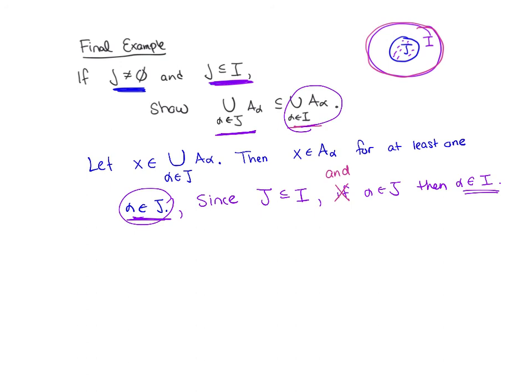So that means X is in A sub alpha for at least one alpha in I, the same alpha that was in J. So my X is in the union over all alpha in I of A sub alpha. So we're just really unpacking these definitions and showing something in one set is also in the other set. That's how we show these subsets.